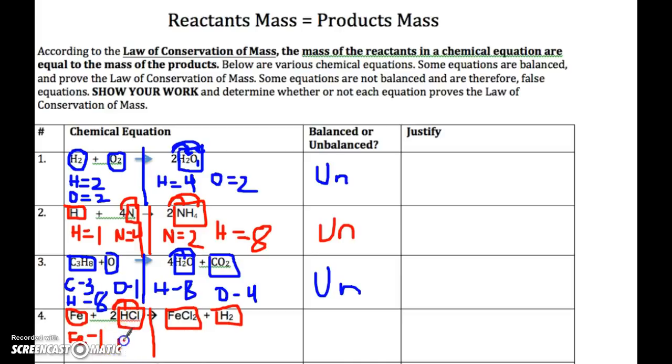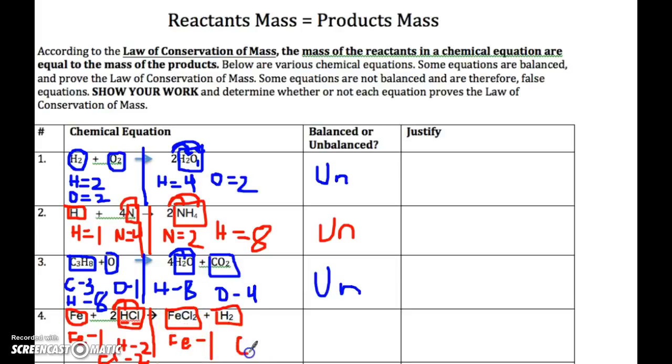So that means that I have 2 hydrogen atoms and 2 chlorine atoms, because 2 times 1 H and 2 times 1 chlorine. Now again, this is 2 different atoms, hydrogen and chlorine. Then for iron over here, I have 1, because there's no subscript or coefficient.